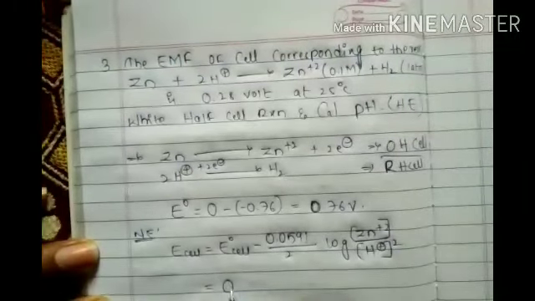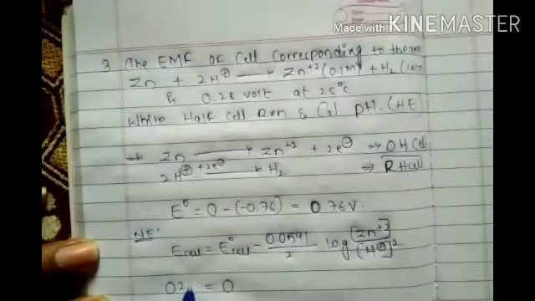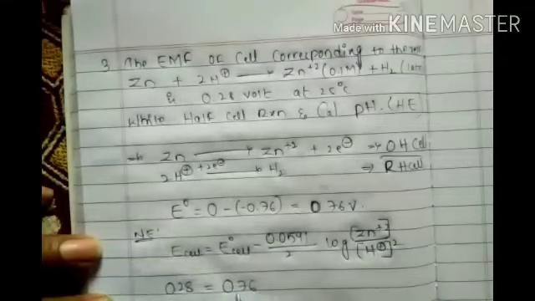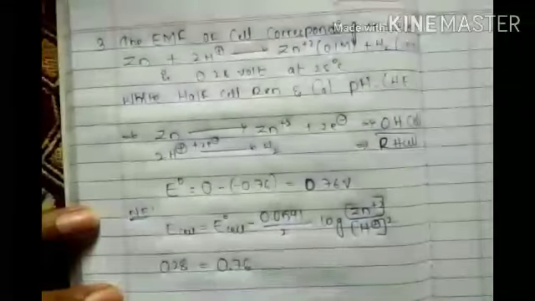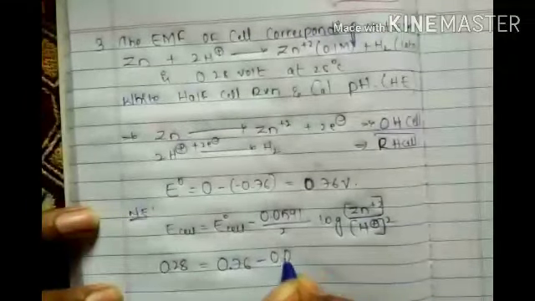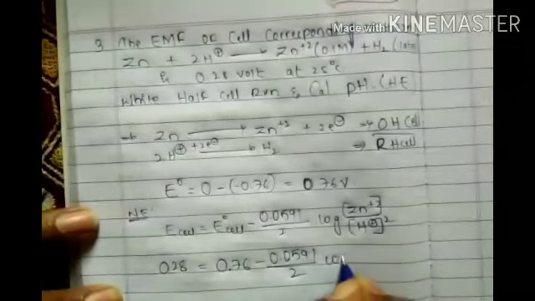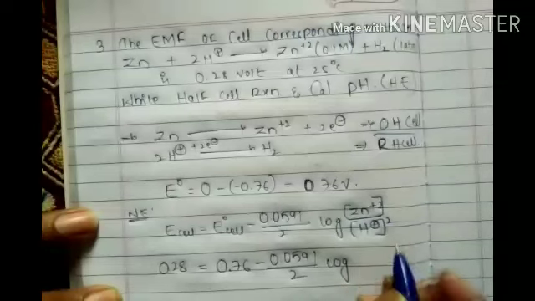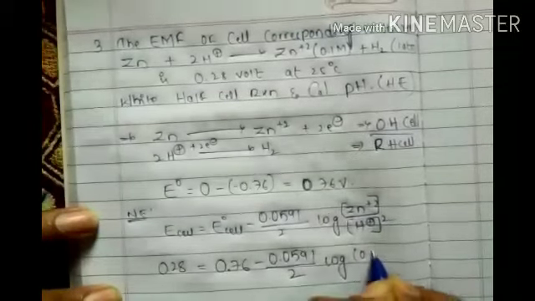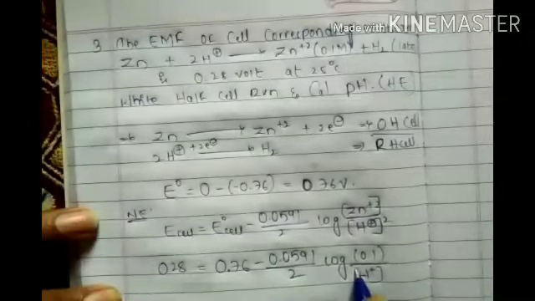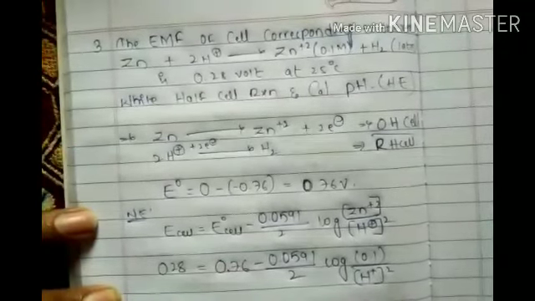Now E cell equal to 0.28. E naught cell was 0.76, standard one. Minus 0.0591 we already know, and 2 also we know. Zn plus 2 they have given 0.1. And H plus is not given.